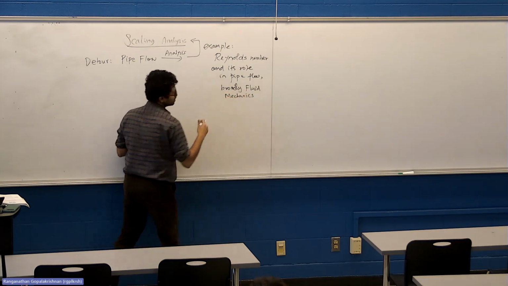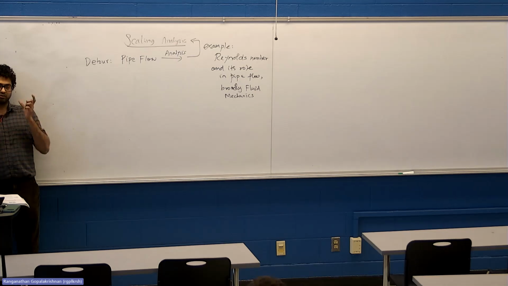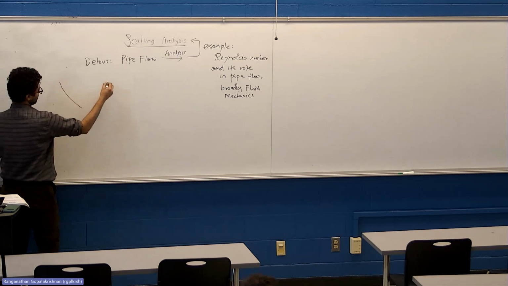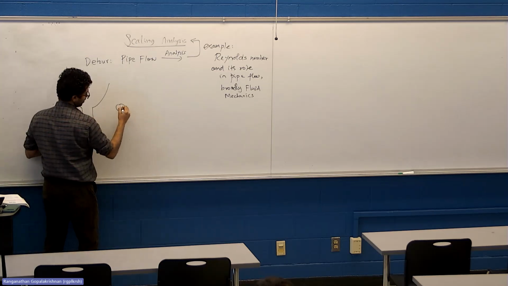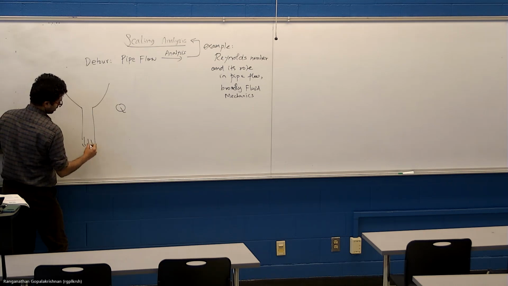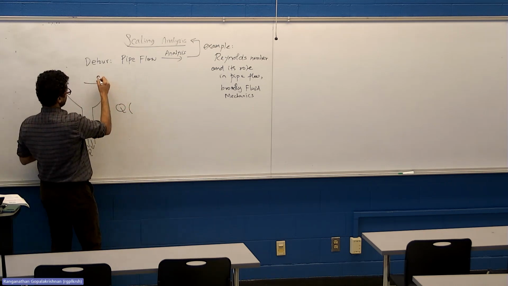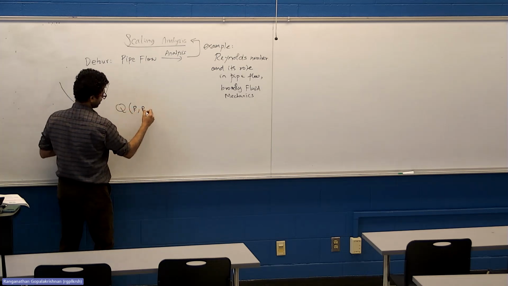So I'm basically saying, the discussion we had last lecture about the simple funnel problem we are taking. If you had a funnel, we basically argued that the flow rate through the funnel depends on many parameters. It depends on the radii R1, R2.